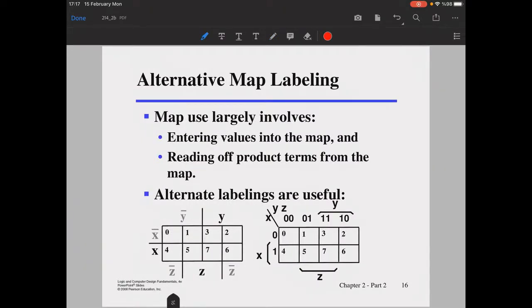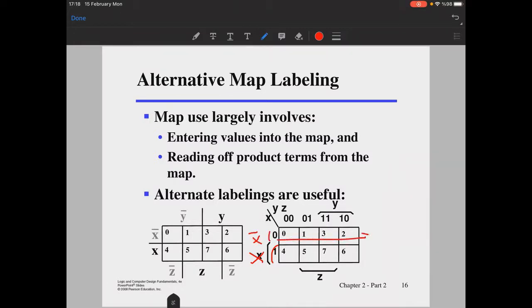Alternative map labeling is very useful. I don't do this because I'm pretty used to it, but as a start, I suggest you label your map. It helps you to visualize and makes you faster while solving questions. This part corresponds to where your x is 1, and this part will be your x naught.